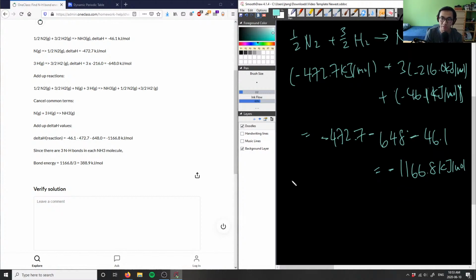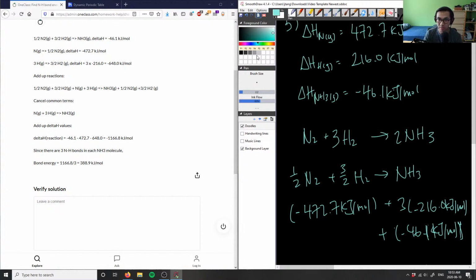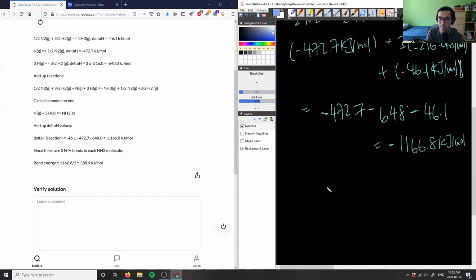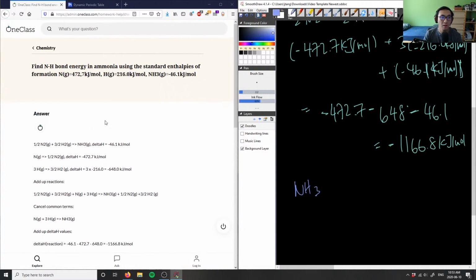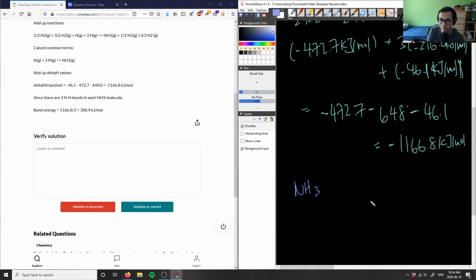So for NH3, because remember this was our reaction in the beginning, we have NH3 and we want to figure out each bond energy with NH3, right? If you drew the Lewis structure, we recognize that NH3 has 3 N-H bonds. And because this here is for the entire reaction of NH3, we actually have to divide this guy by 3 to figure out the individual bond energy of one N-H bond.